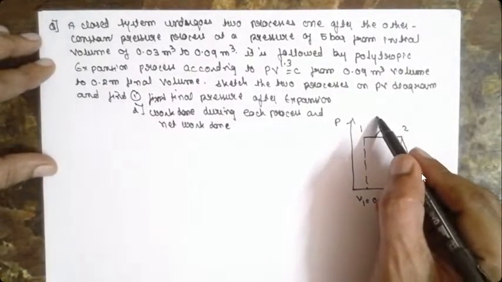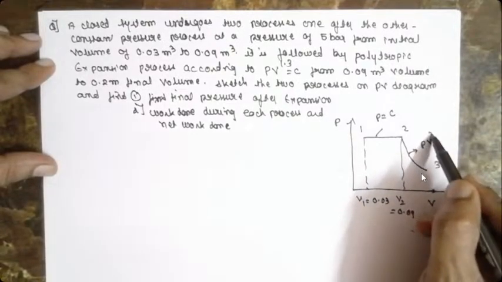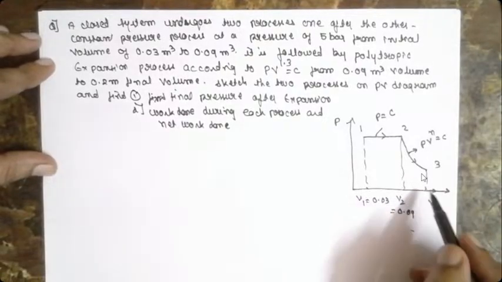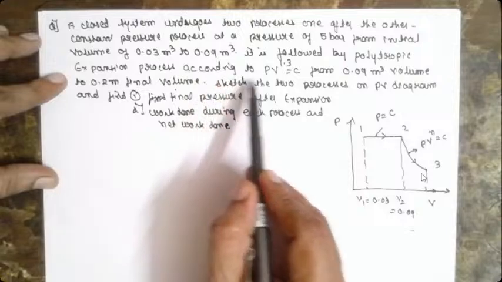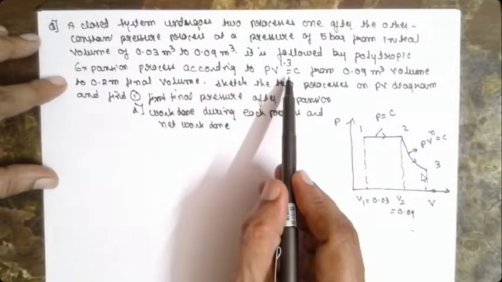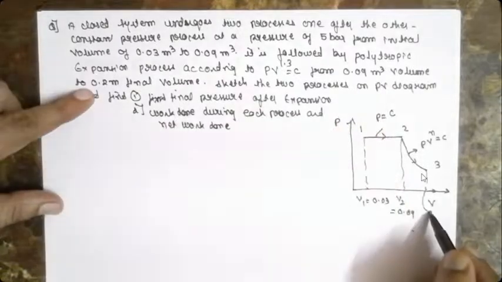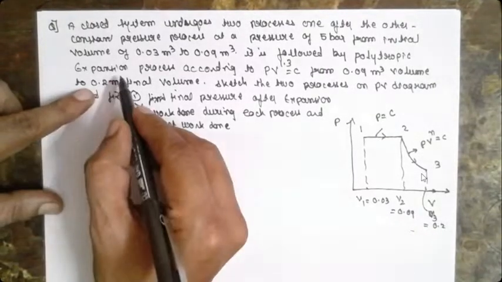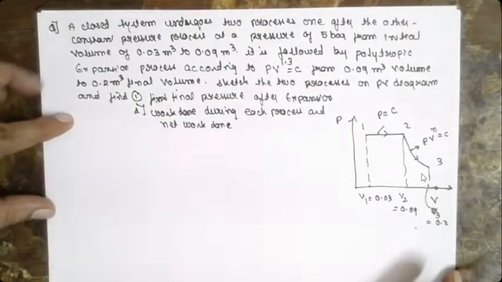Here P is equal to C. Here PV raised to n is equal to C. And expansion process according to PV raised to 1.3 equals C, from 0.09 meter cube volume to 0.2 meter cube. This will be V3 is equal to 0.2 meter cube, the final volume.